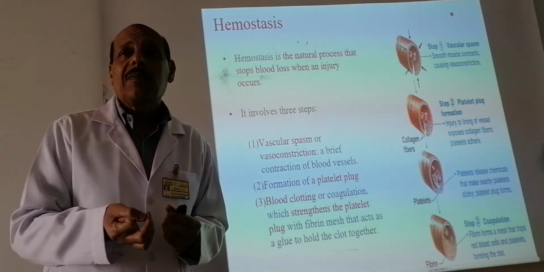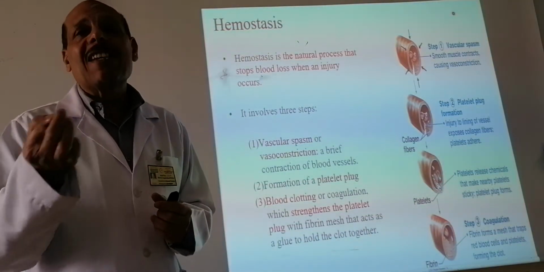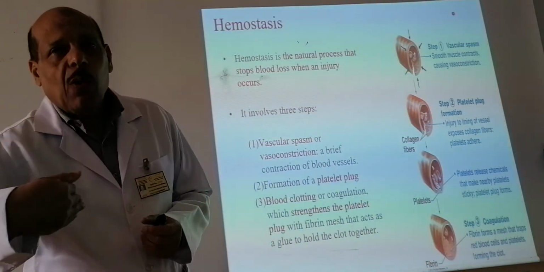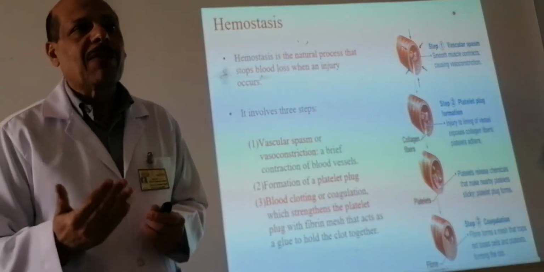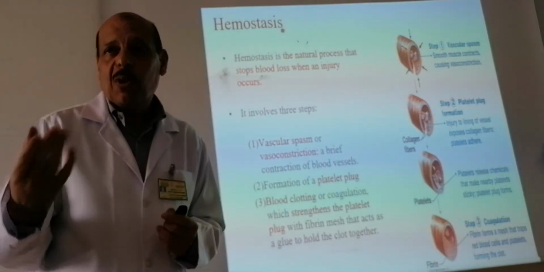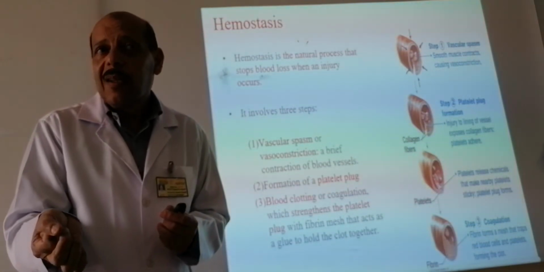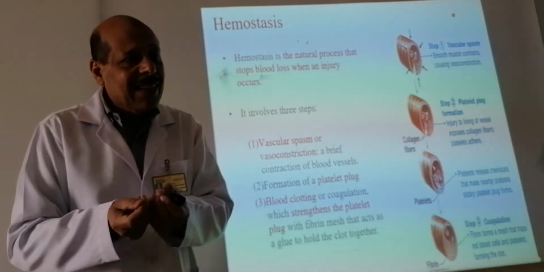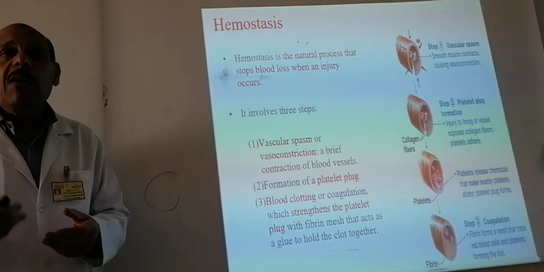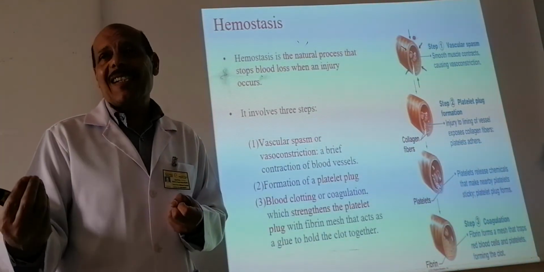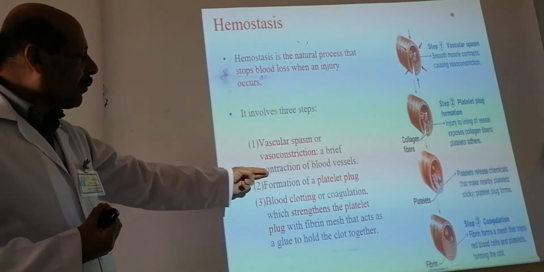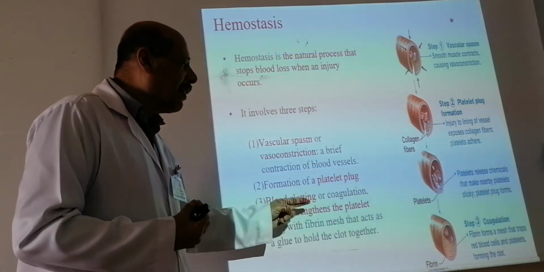When the blood vessel is constricted, the amount of blood which will go inside that blood vessel will be less, because the pathway is narrow. So the amount of blood loss will be less. Vasoconstriction is a brief contraction of blood vessels.